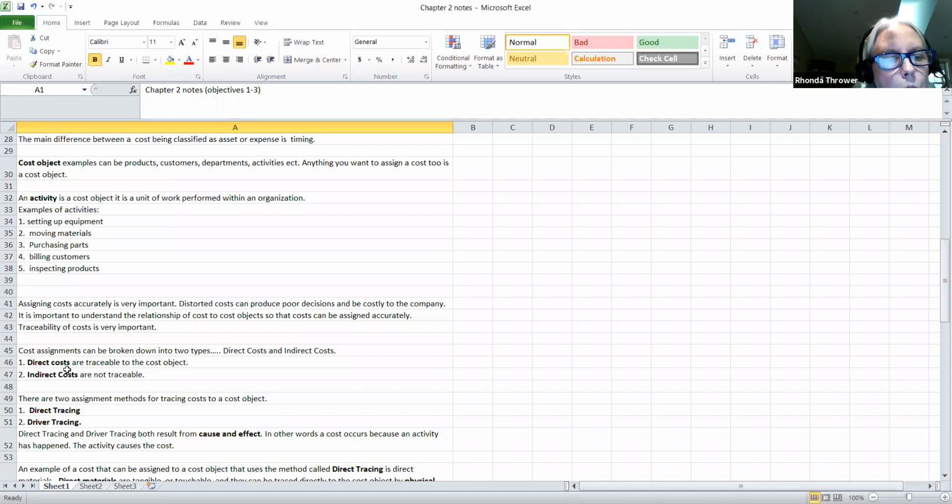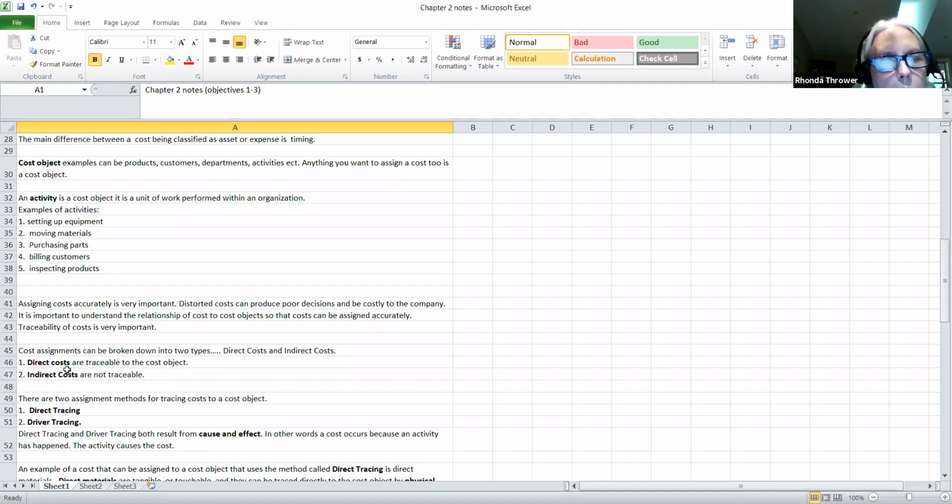Direct labor is also an example of a direct cost because it can be traced to the cost object. Direct labor is the labor of the actual employees who are working on converting the materials to finished goods. So direct labor is a direct cost, and it can actually be traced to the cost object.